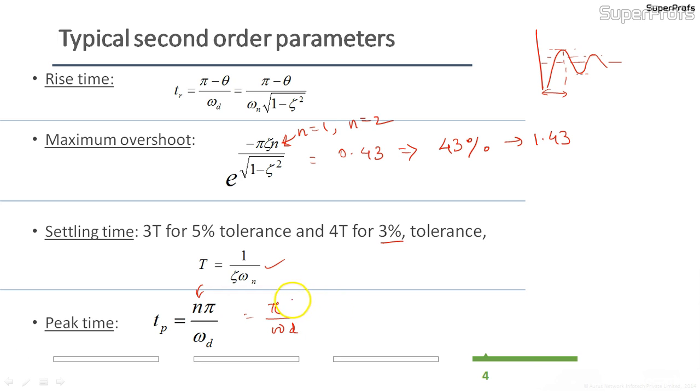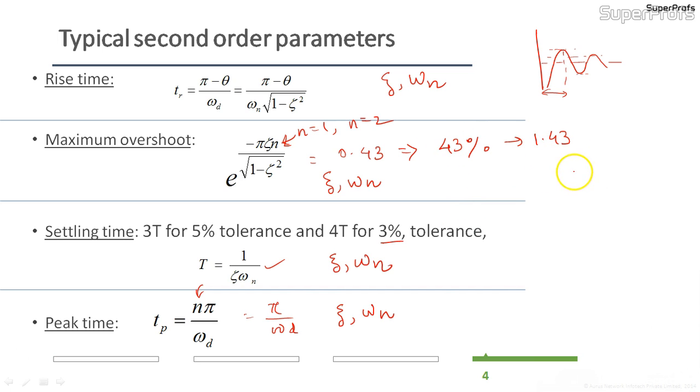As you can see, for every formula, you just have to know the value of zeta and omega n. Here also zeta and omega n. Again zeta and omega n. Here also, for omega d you have to know zeta and omega n.